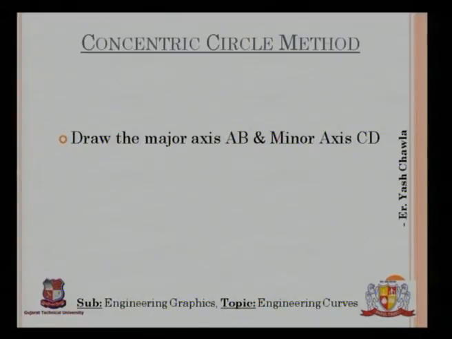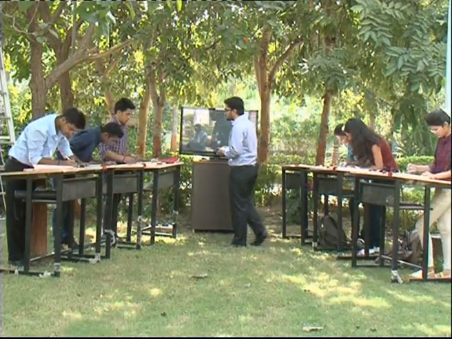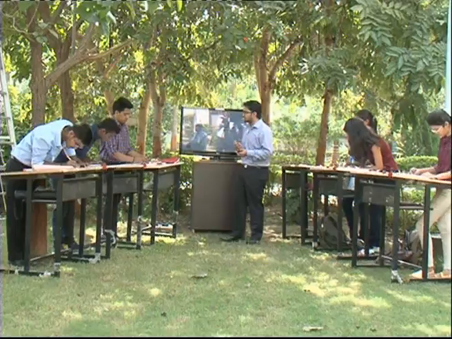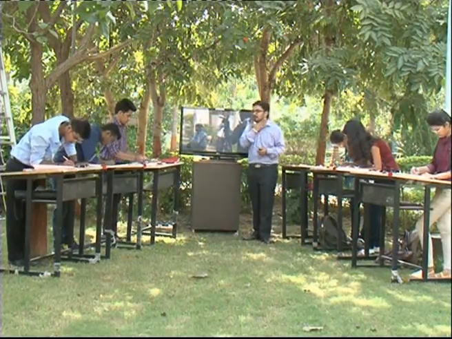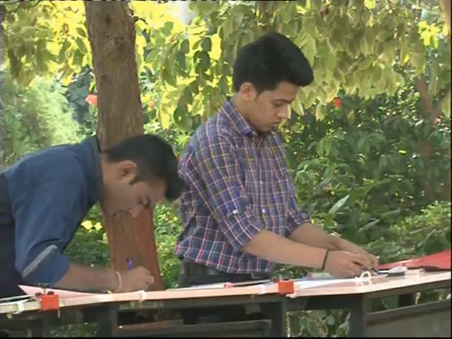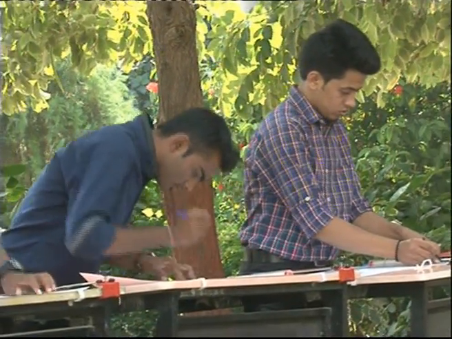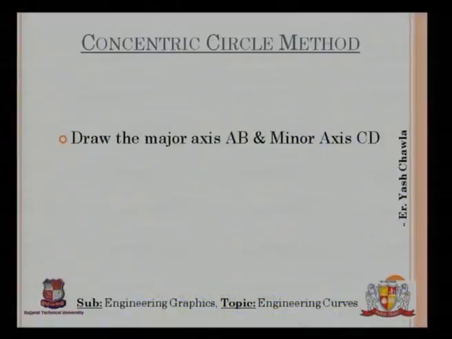So let's take AB as how much? Say 15 centimeters, not 15. Let's take it as 10 centimeters, and let's take CD as 6 centimeters. AB as 10 and CD as 6 centimeters.